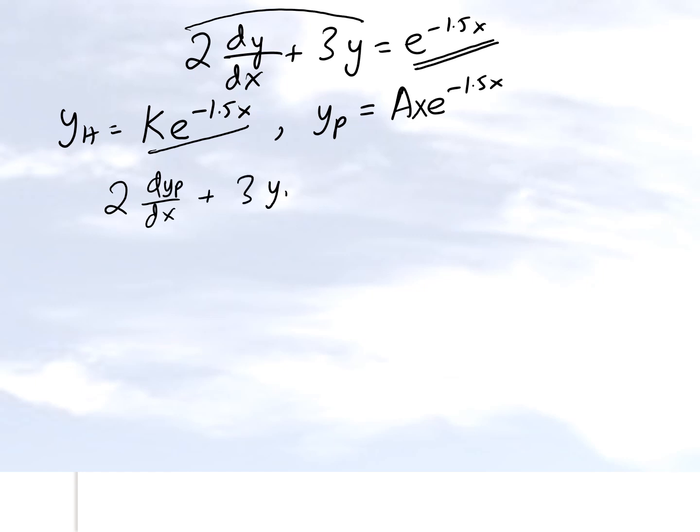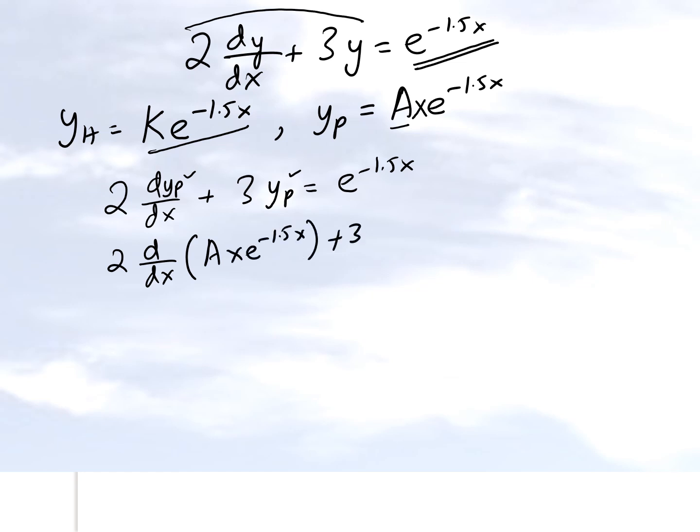in our differential equation. So we're going to find the value of a by substituting the particular part in there. So we get 2 d by dx of ax e to the power minus 1.5x plus 3 ax e to the power minus 1.5x. We're going to take the derivative of this function here, which is a product of two functions of x.